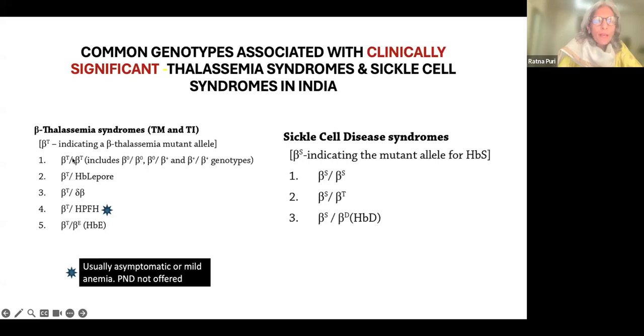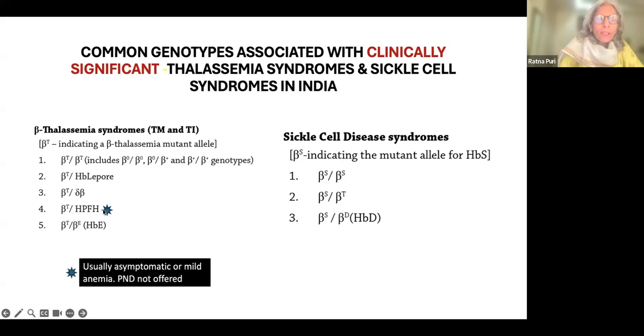So this is beta thal carriers, both of them, beta 0 or beta plus. Now this should make sense. There is another hemoglobin variant, which is called hemoglobin Lepore, which along with the beta thal carrier can cause severe disease. Delta beta thalassemia is a kind of deletion thalassemia, and that with beta thalassemia trait will also cause disease.